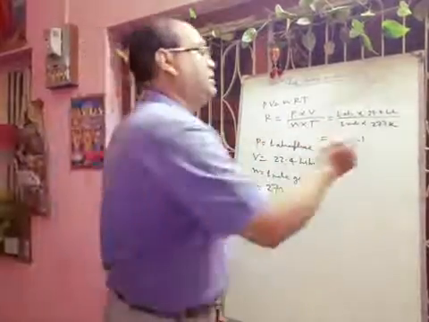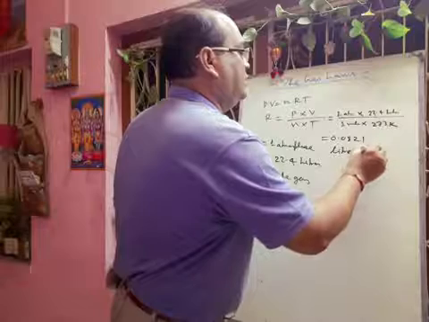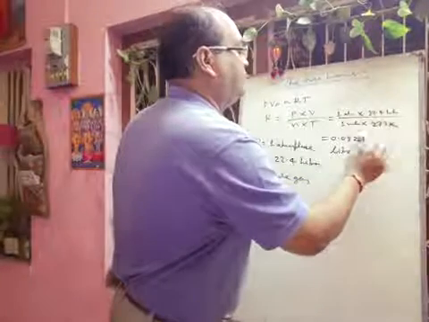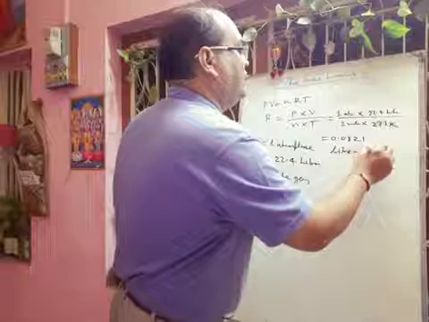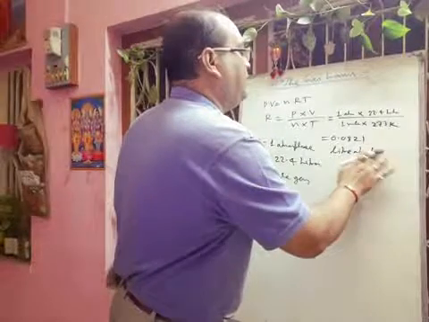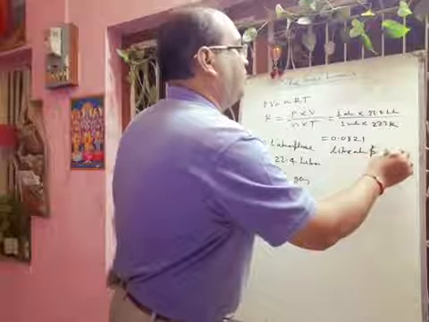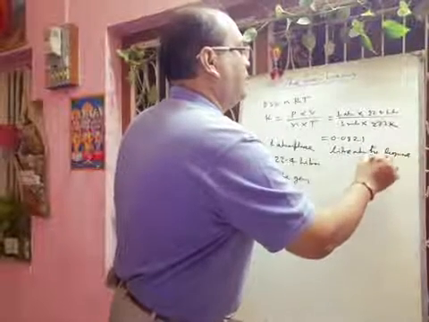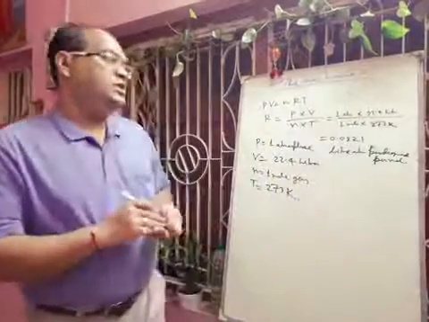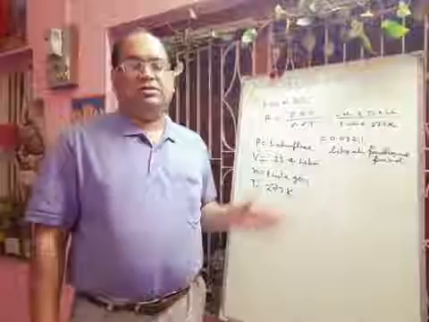This is liter atmosphere per degree Kelvin, we can write per Kelvin per mole, or we can write per degree per mole. So in this way we can easily calculate the value of universal gas constant R.